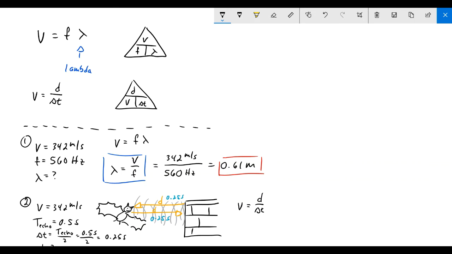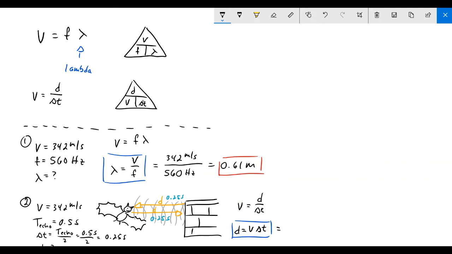And using the triangle trick that we've used in the past up here, or a little bit of algebra, we rewrite this so it's distance equals velocity multiplied by time. So for this problem, we don't have to use the wave equation, even though it is technically a wave problem. That's the workaround for this one.